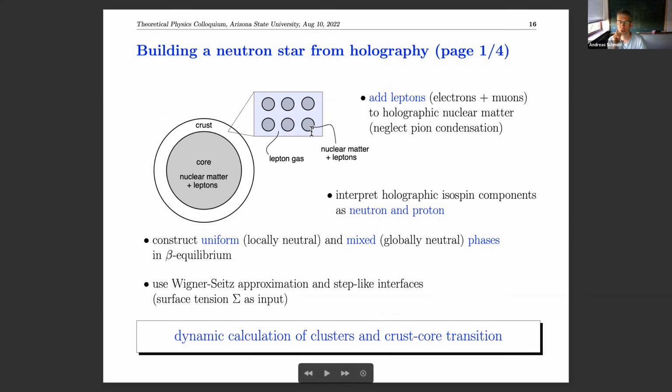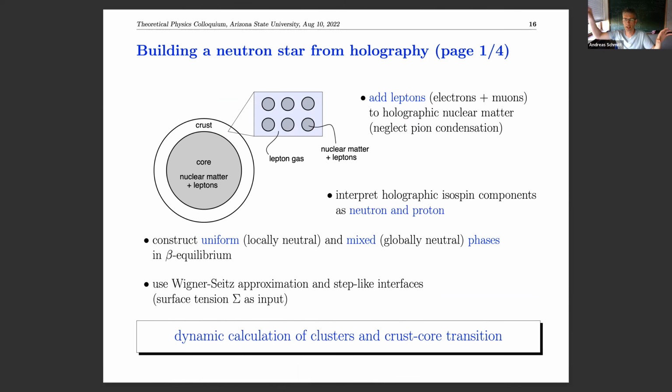So the surface tension, I'm not sure I completely understand the question. I believe the question was about the origin of the tension force. I'm not sure I think of it in terms of forces, but what I mean is, suppose you have a wall or domain wall, where on one side you have the holographic nuclear matter, on the other side you have the lepton gas, in the case where they have the same free energy.